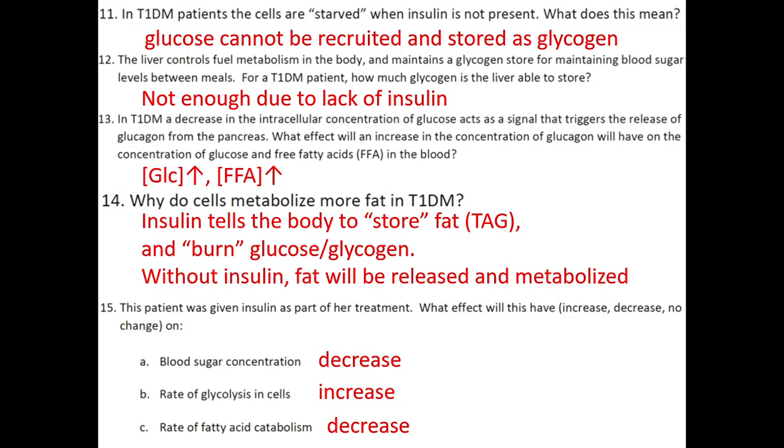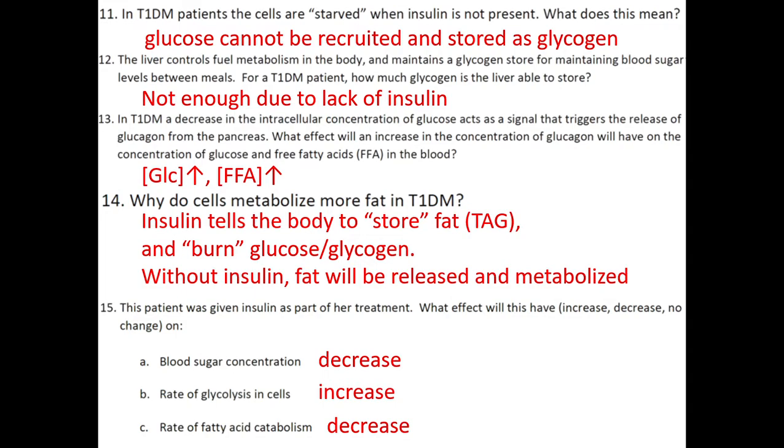And then pyruvate will become acetyl-CoA, and then acetyl-CoA will go into a second pathway, which is called the TCA cycle. So acetyl-CoA will go to this TCA cycle, and both of the two carbons in acetyl-CoA will become carbon dioxide, and the energy will be released and stored in ATP.